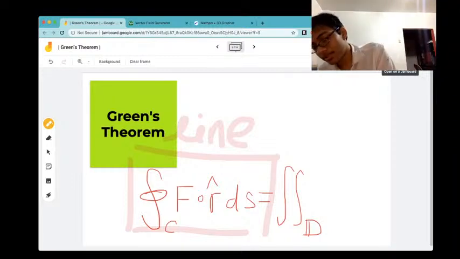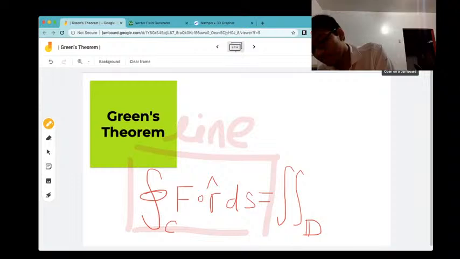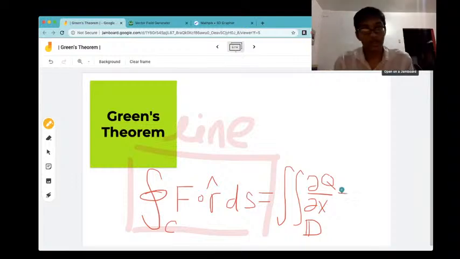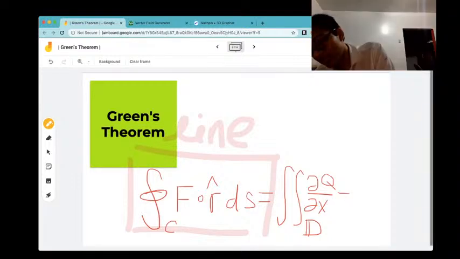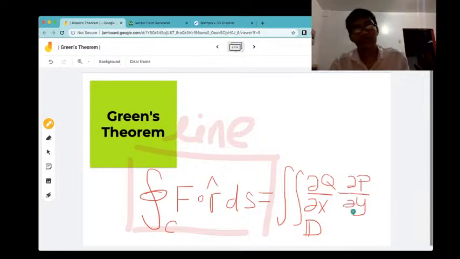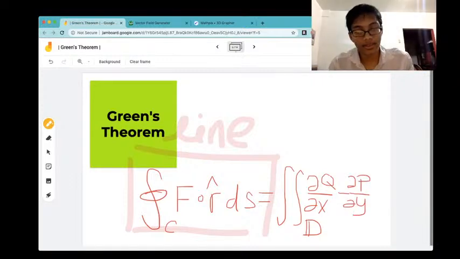It's going to be equal to partial Q, partial x, minus partial P, partial y. All of this followed by what? Well, let me show you instead of telling you.